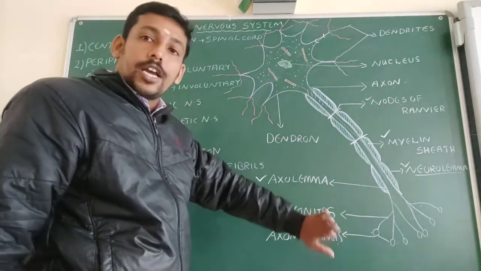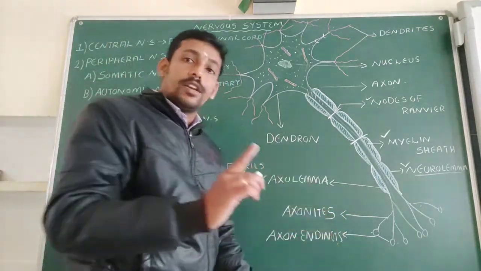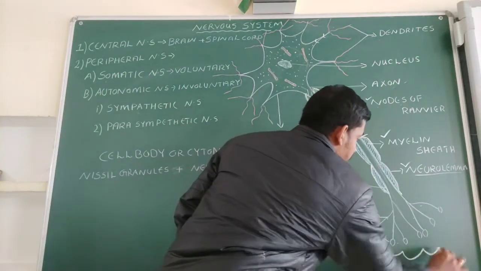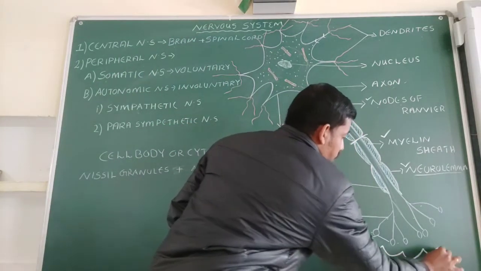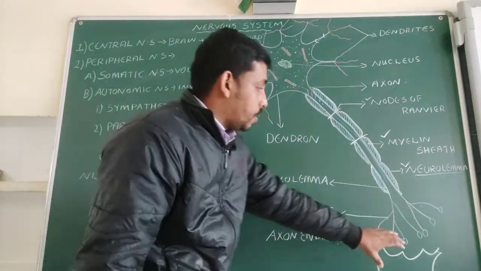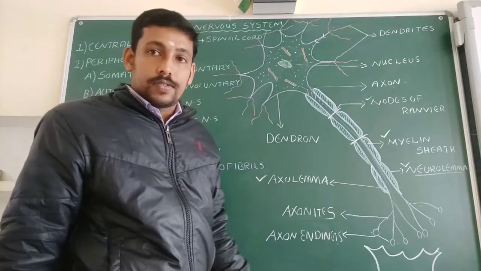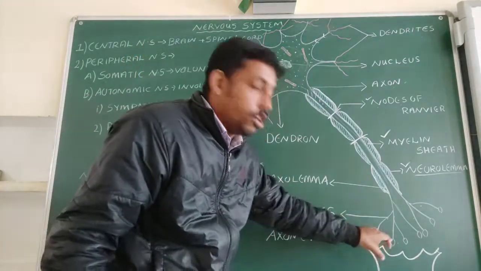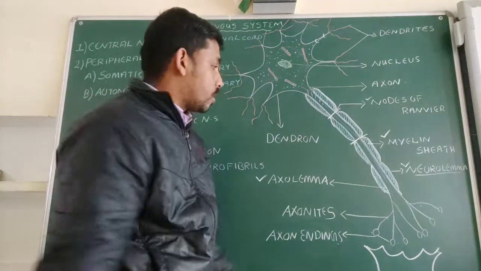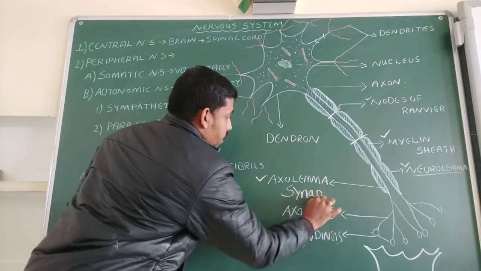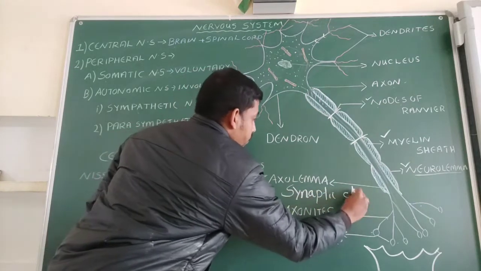After the axon endings, we can see another neuron. The dendrites of another neuron will be connected with these axon endings. The space between two adjacent neurons is known as the synaptic cleft.